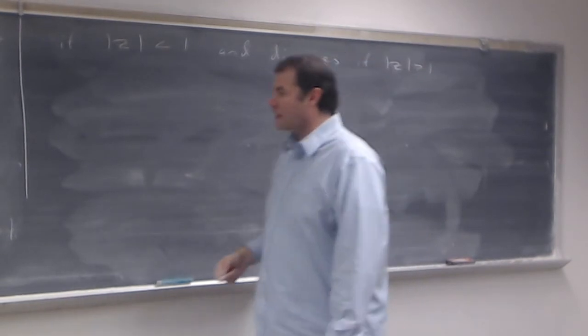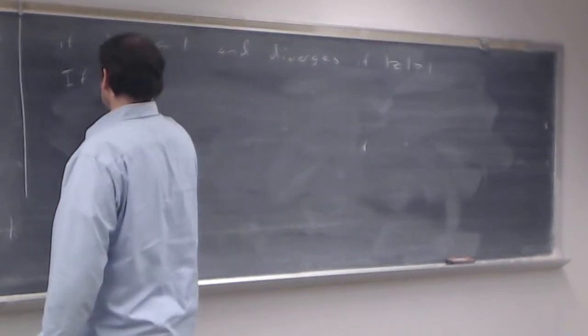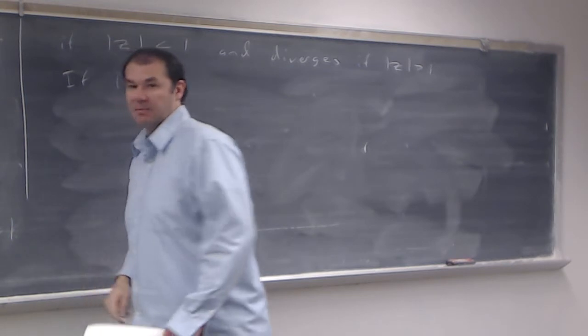The question is, what happens if the norm of z, or the absolute value of z, equals 1? Remember, z is a complex number here.